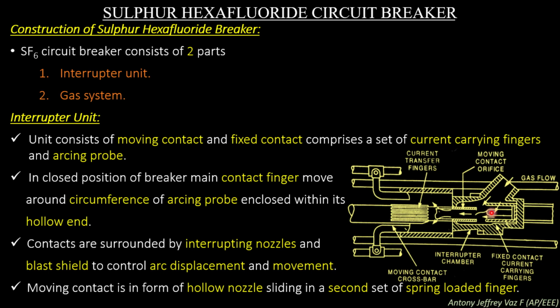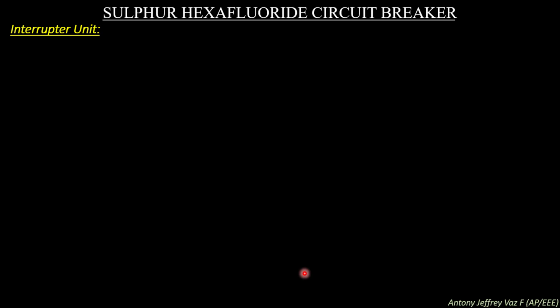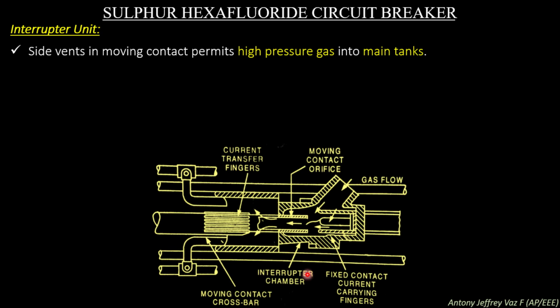The moving contact is inserted into the hollow path, and the second set of fingers is inserted into the narrow path, and the contact is made. Side vents in the moving contacts permit high pressure gas into the main tank.